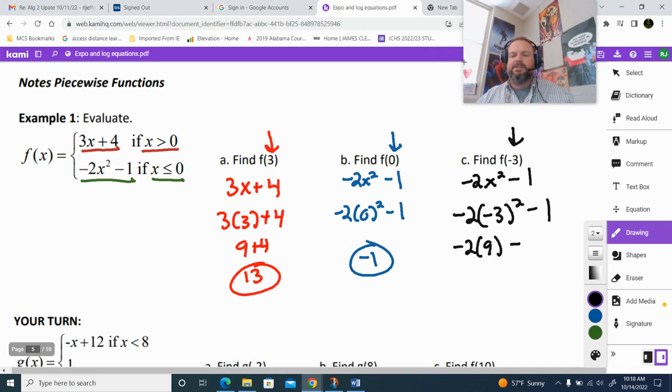Students will say, my calculator gave me the wrong answer. So, yep, negative 19, right there. A lot of this is, once you figure out which part you plug it into, it's all calculator work.